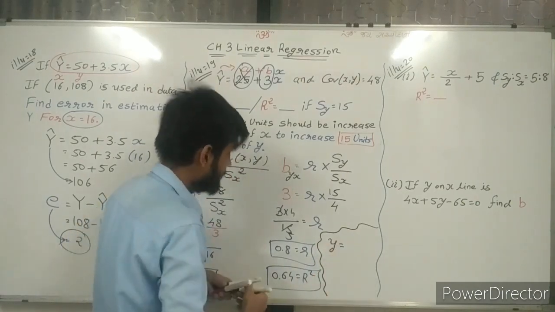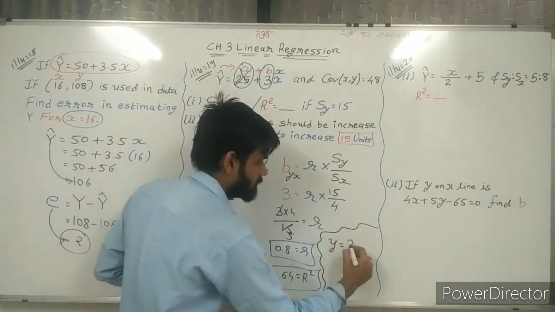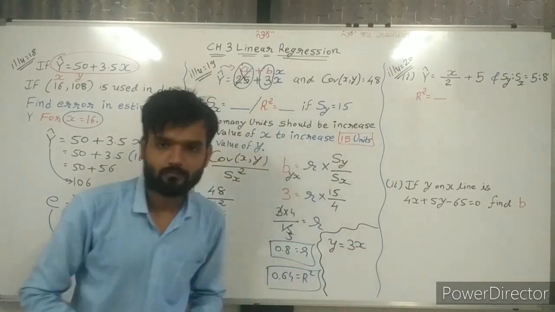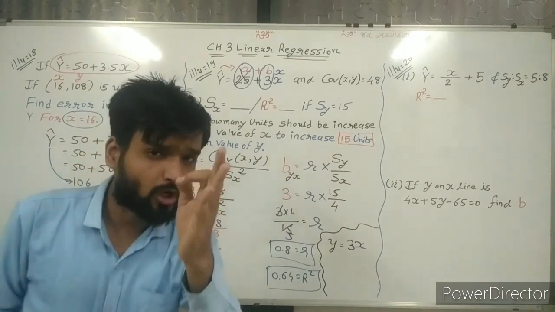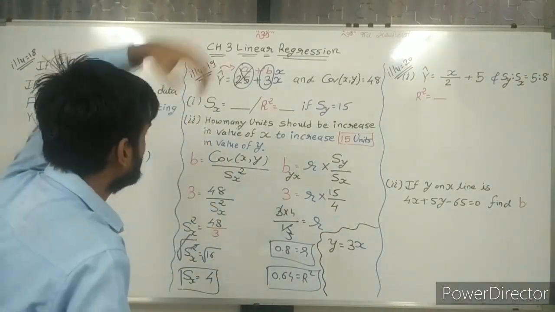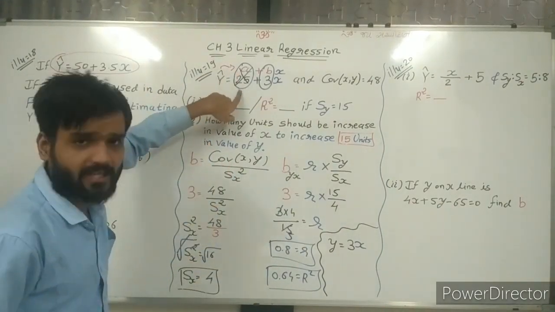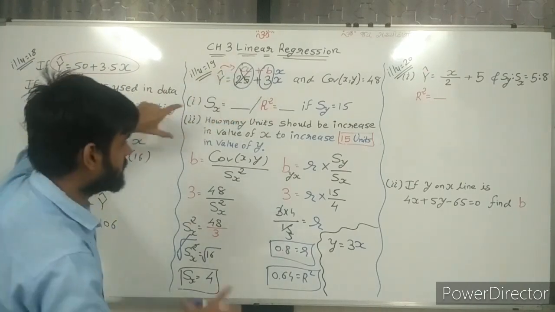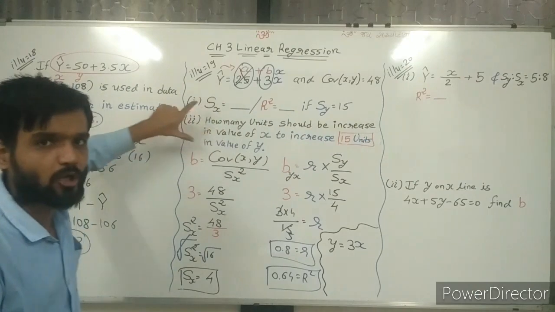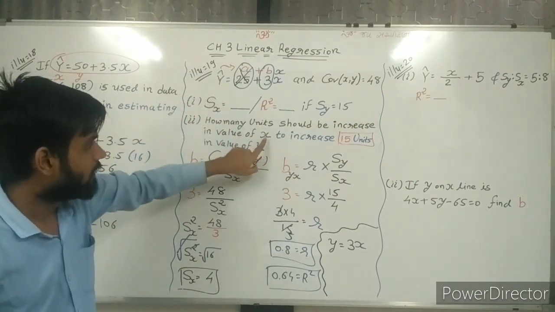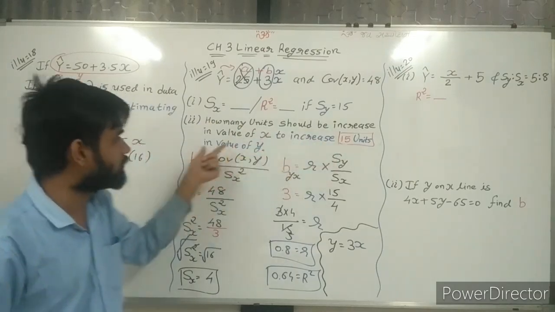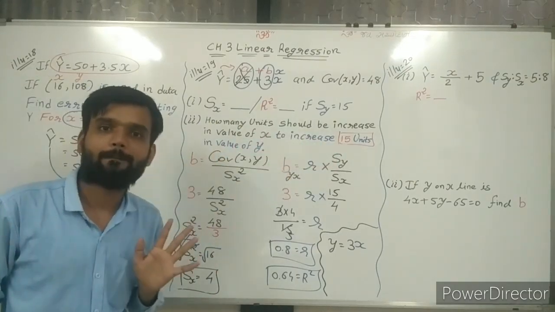Y is equal to 3x. Again, I am telling all of you, don't consider this a, 25. Take only these two things whenever this type of question is asked in your examination: increase in the value of X to increase 15 units in the value of Y.